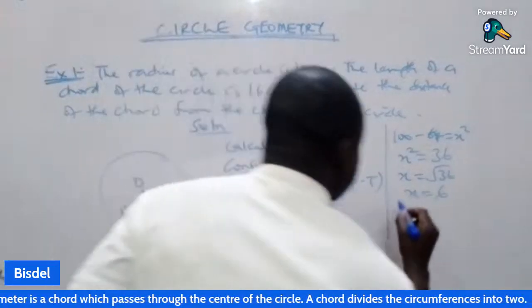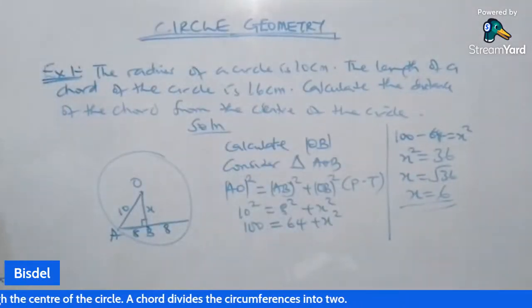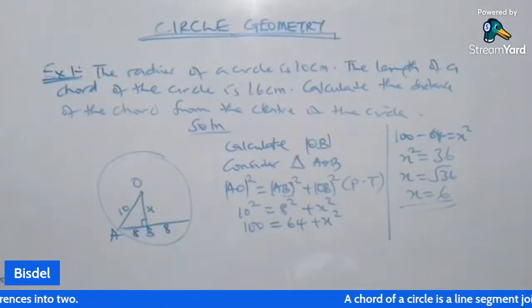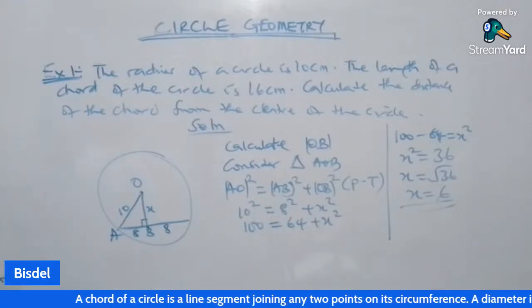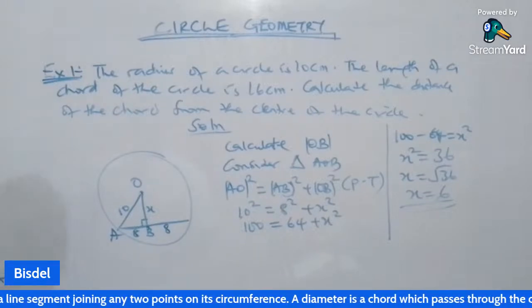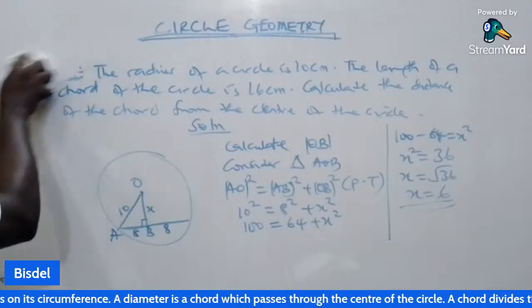So the distance of the chord from the center of the circle is 6 centimeters, as we have it on the board. So if you have this type of problem, you go ahead and apply the first theorem that says that a line drawn from the center of the circle to a chord divides the chord into two equal halves and makes angle 90 with that chord at that point. So that is it about example 1.